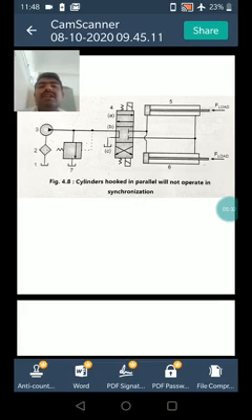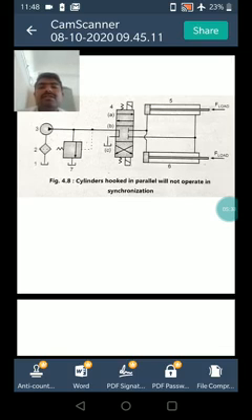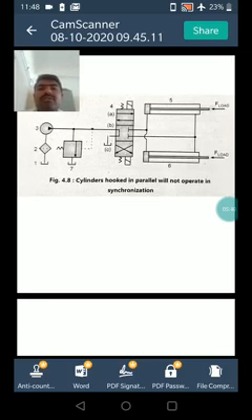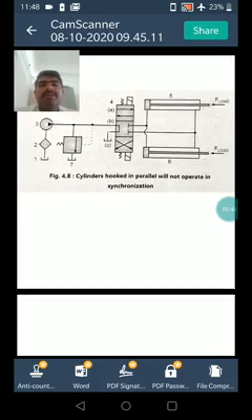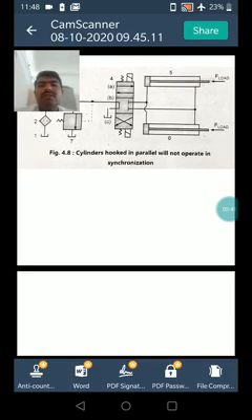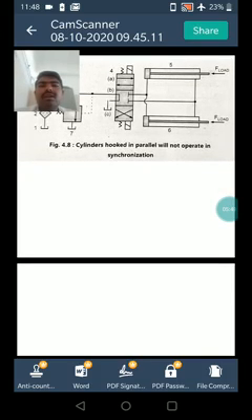Thus both cylinders extend simultaneously. During the return stroke, pressure is present on the rod end of both cylinders. The pump must be capable of delivering a pressure equal to that needed for cylinder 1 by itself to overcome the load acting on the cylinder.